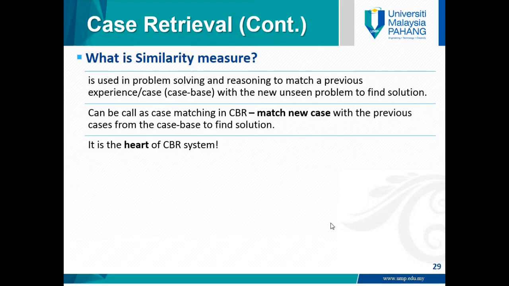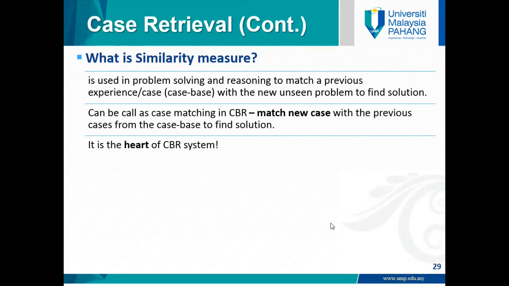This is because if we fail in designing or implementing the similarity measure, our CBR will definitely fail to find the right solution. That's why we have to be really careful when we perform and calculate the similarity measure. If we calculate it in a correct way, our CBR will lead us to the right solution.